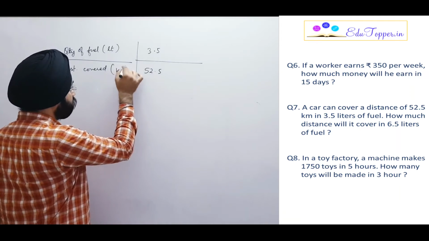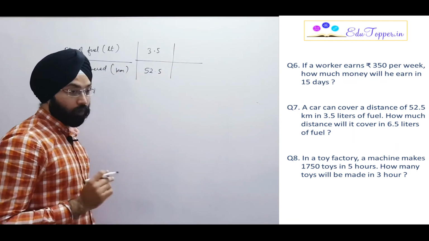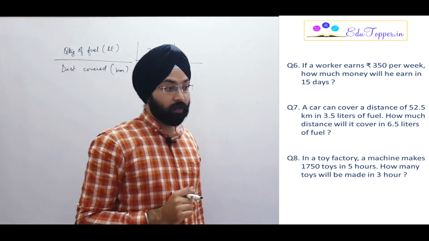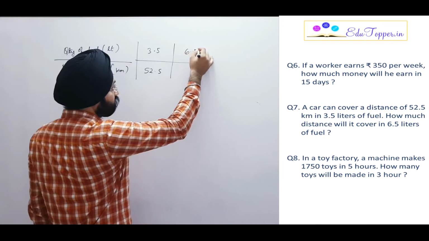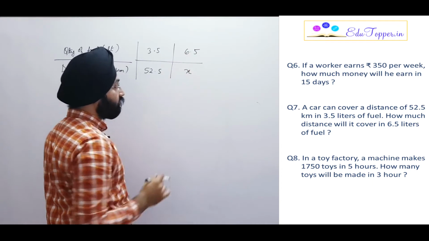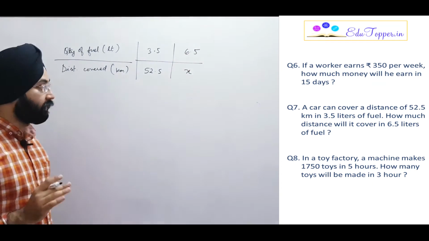Distance covered is in kilometers. What will be the distance covered in 6.5 liters? So when the quantity of fuel is 6.5 liters, let's assume that the distance covered is X.